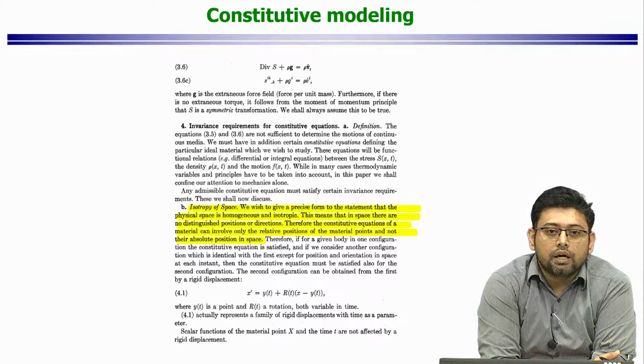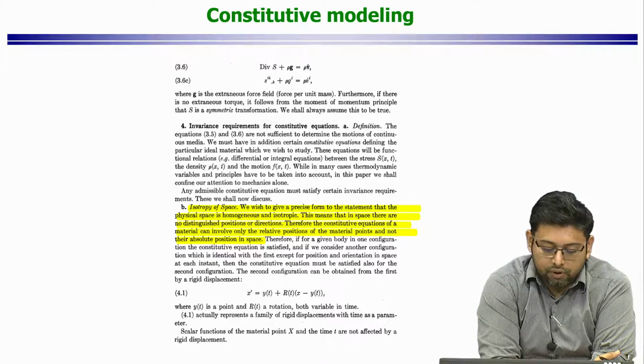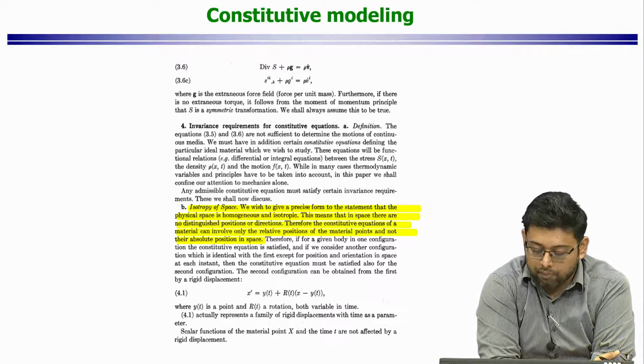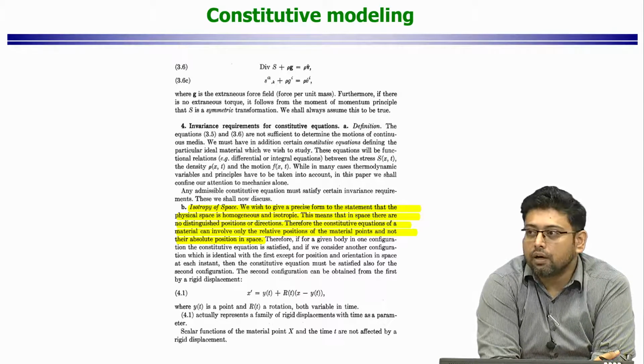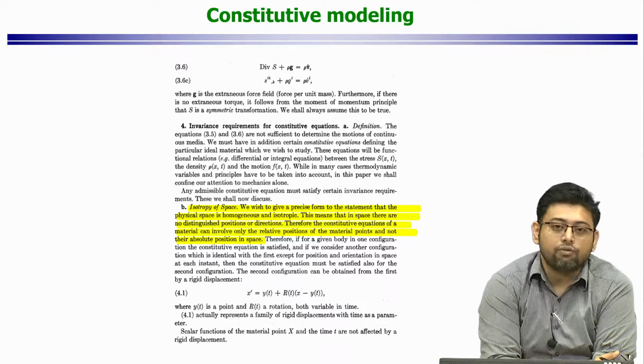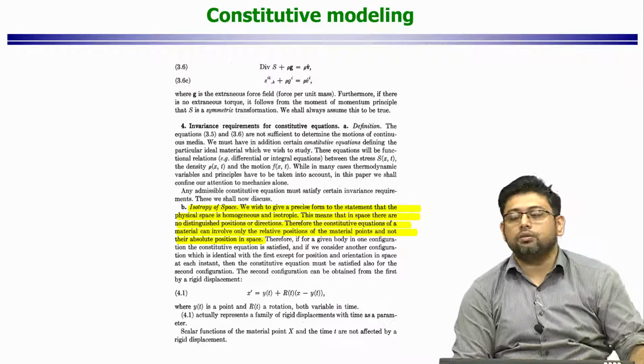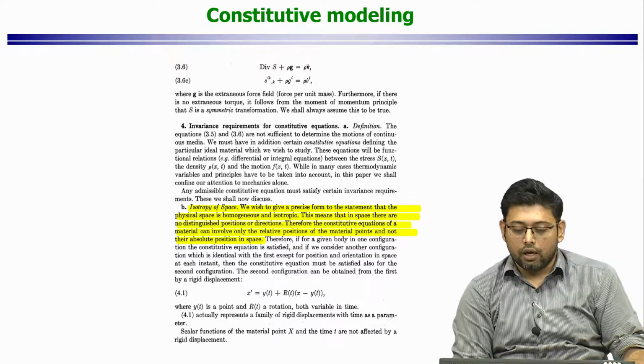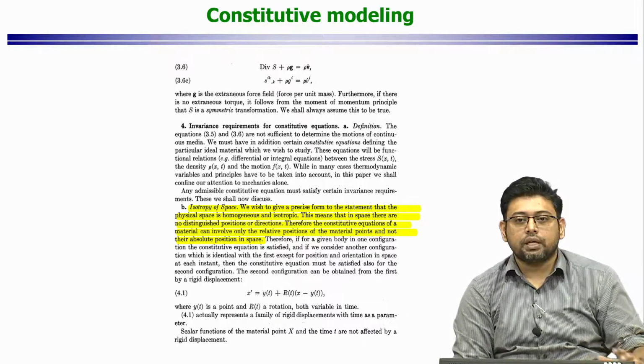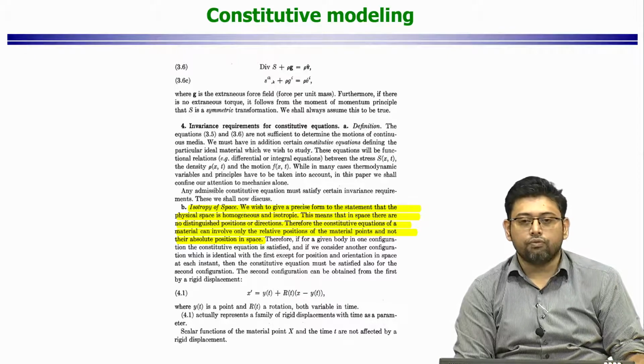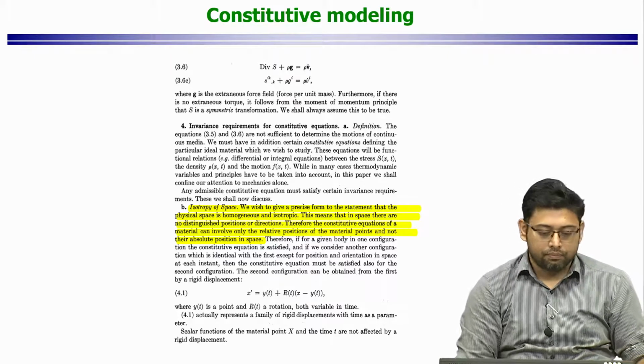This means that in space there are no distinguished positions or directions. Therefore, the constitutive equations of a material can involve only the relative positions of material points and not their absolute position in space. This idea has evolved into a very important governing principle. So, we will stop discussing the work of Noll, etc.